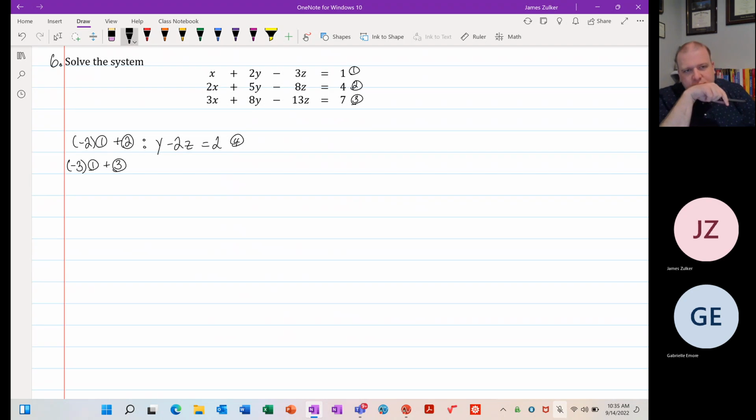Then it'll be negative 3 times the first equation plus the third equation. Get rid of the x's. Negative 6 plus 8, we get 2y. 9 minus 13, minus 4z. Negative 3 plus 7 is 4.